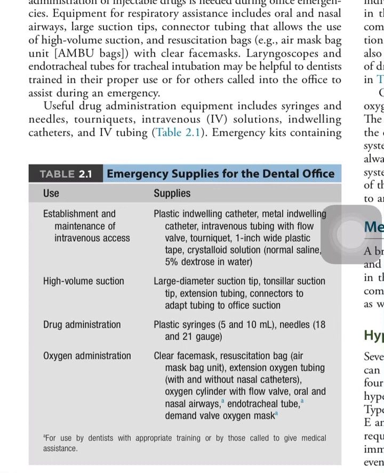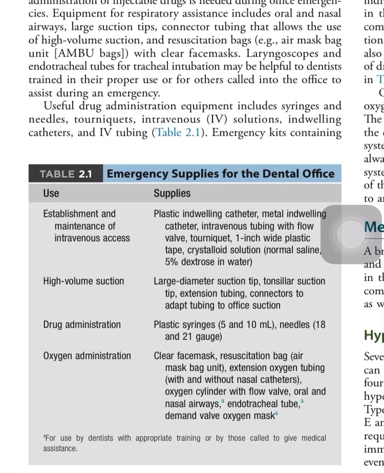The next thing is a very important box for you guys: emergency equipment in the dental office. First, airway and breathing support equipment. If someone is suffering from airway congestion and can't breathe, we should have oral and nasal airways to keep the airway open.